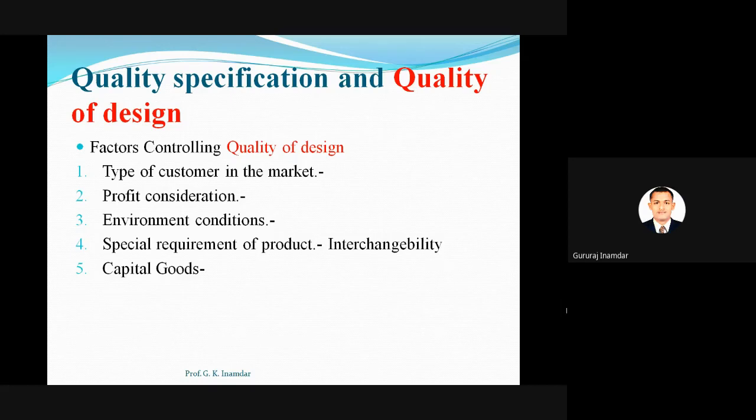Okay, profit consideration, definitely this is also important. Environment conditions, you have to consider the environmental conditions also. Okay, whether our product is hazardous for the society, environment. So that is also something you have to find out for quality of design.